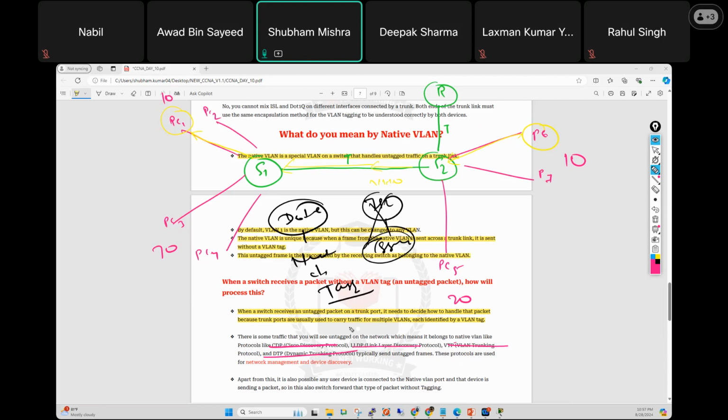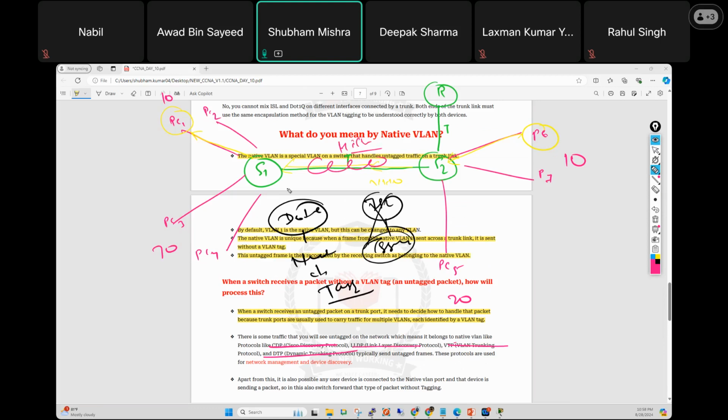So if your encapsulation protocol performs tagging for these packets also, then assume how much load on this link. Quite high. Yes or no? So that's the reason we do not want tagging for network management packets like CDP and VTP.